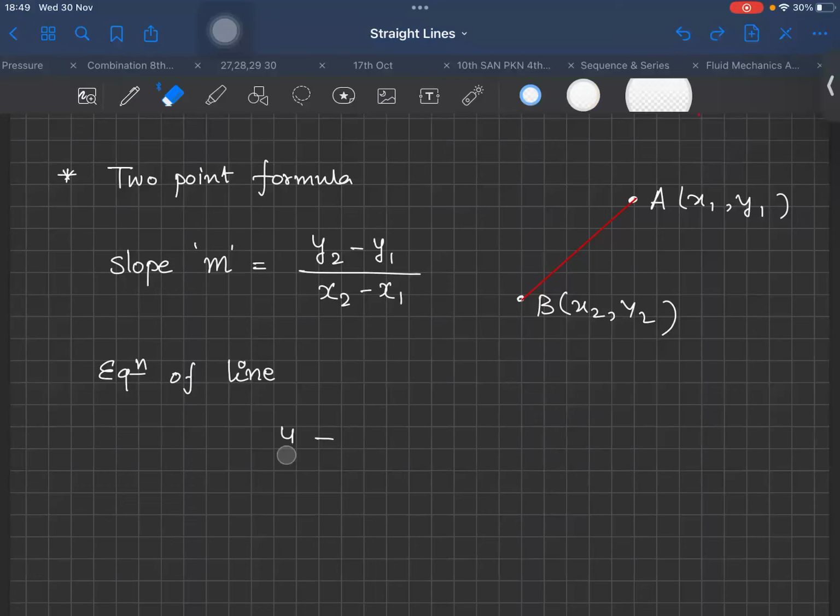We need to write this in y is equal to mx plus c, but we don't know the intercept.